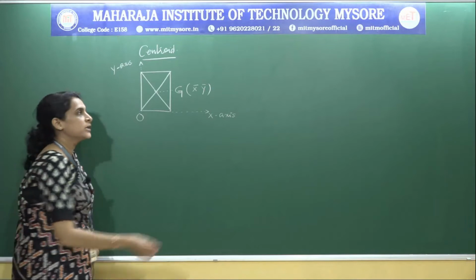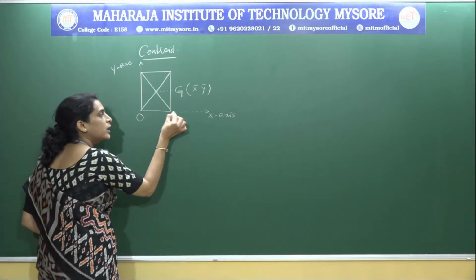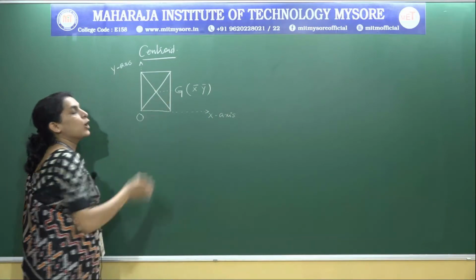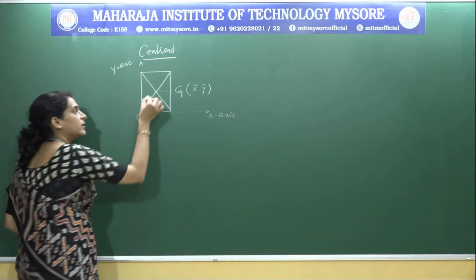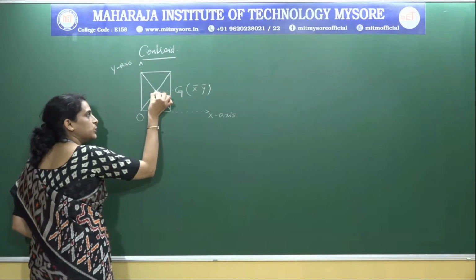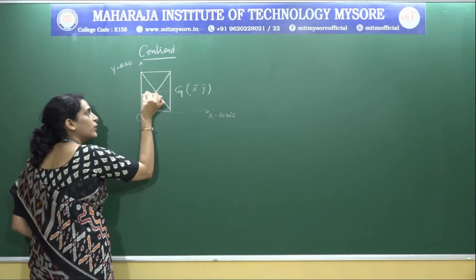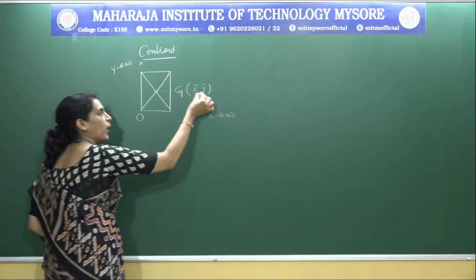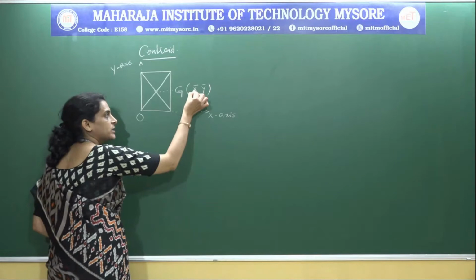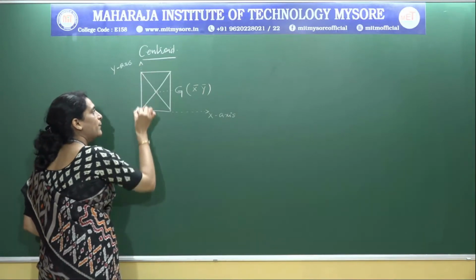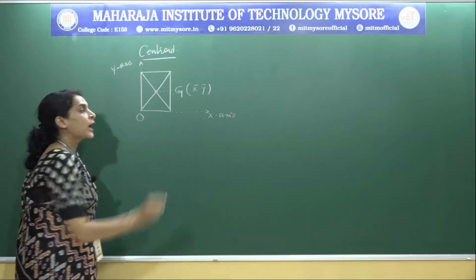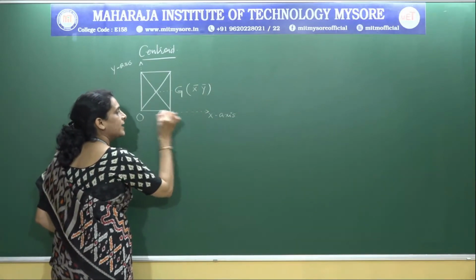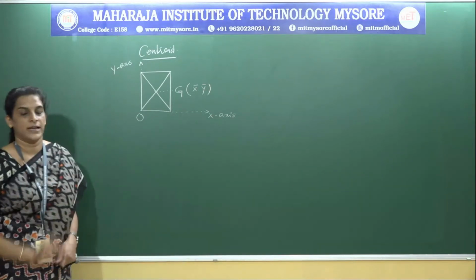The distance to be considered from the x axis up till this point is y bar, and the distance from this point, with the y axis as reference, is the coordinate x bar. So for x bar we consider the y axis as the reference, and for locating y bar we consider the x axis as the reference.